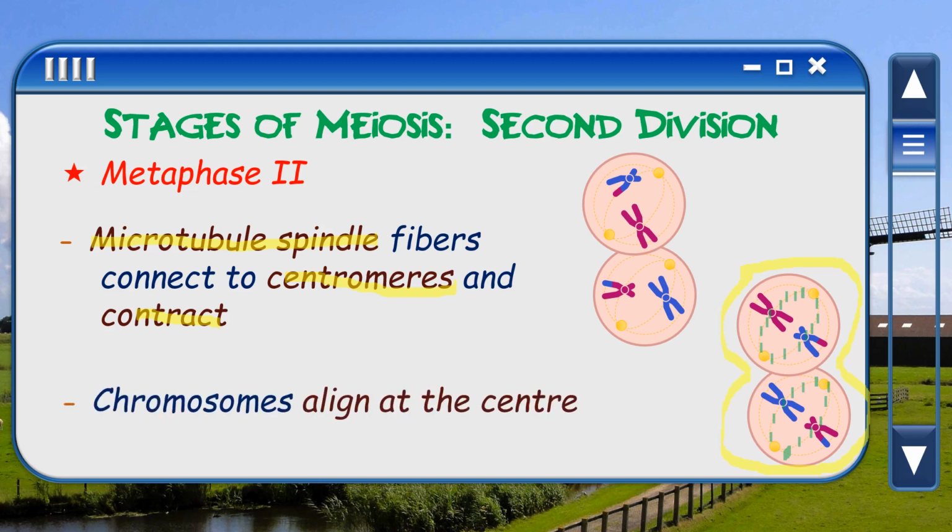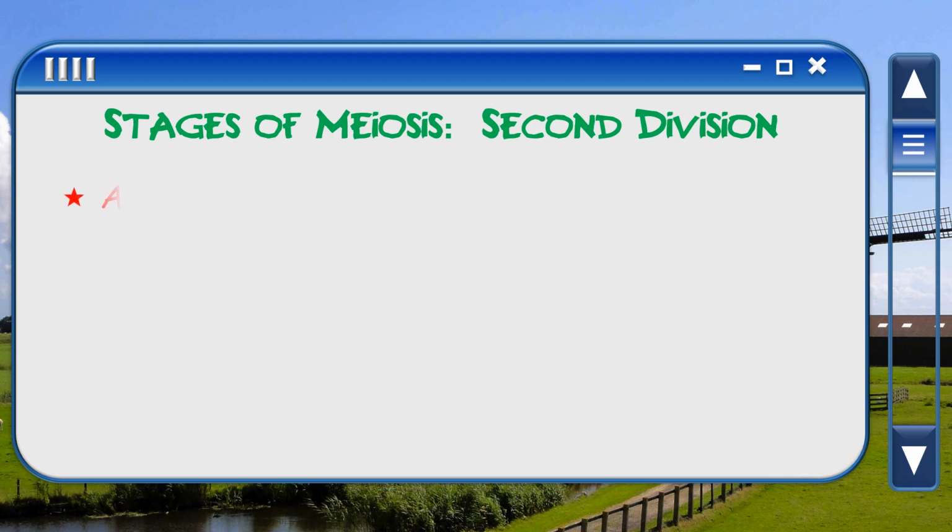When they start contracting, the chromosomes are going to align themselves at the center of the cell. That is what we call aligning at the center, and that is the end of metaphase 2.